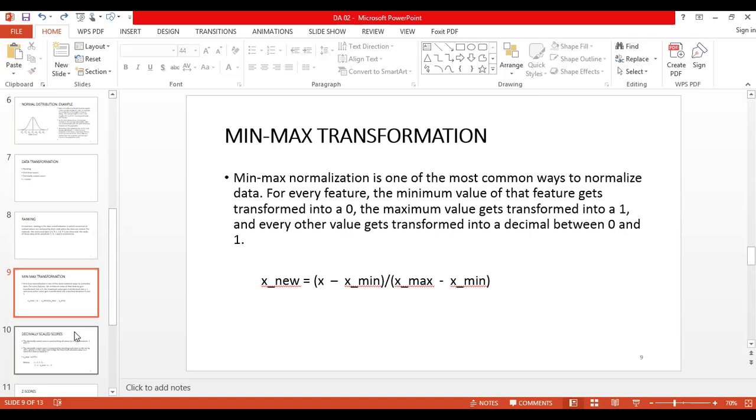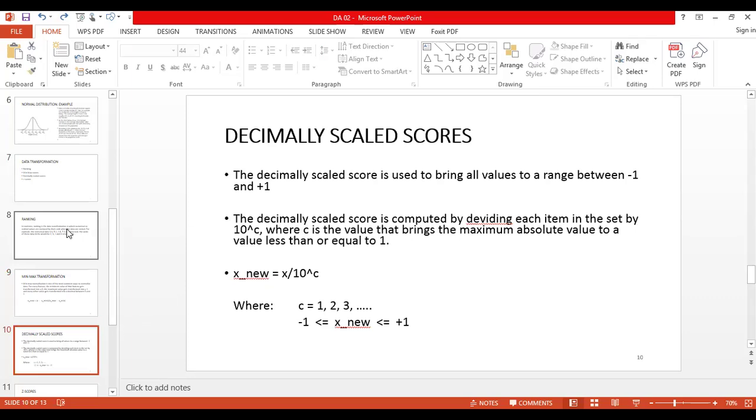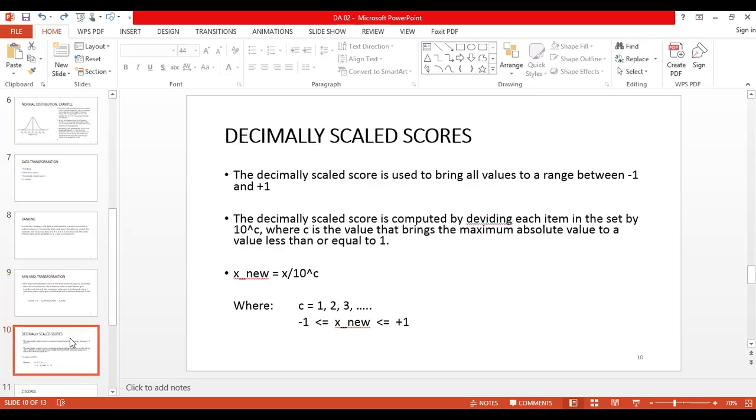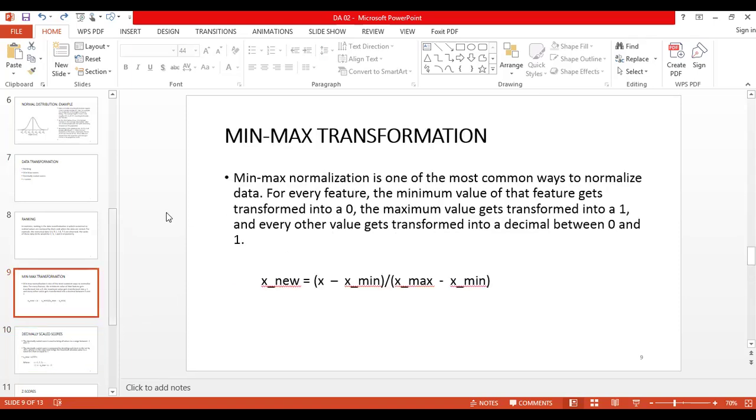In fact, with some data science models, it's compulsory. You have to transform the data first. So it's highly applicable. It's a very, very important topic in data science and data analytics.